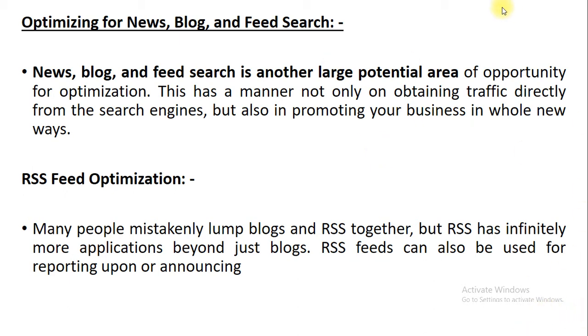RSS feed optimization is different from the blogs you generally read, but many people consider them together, as if both are equal. But there is a difference between an RSS feed and a blog. An RSS feed can be used for reporting as well as for announcement purposes, whereas a blog is just written for individuals. So both are different.